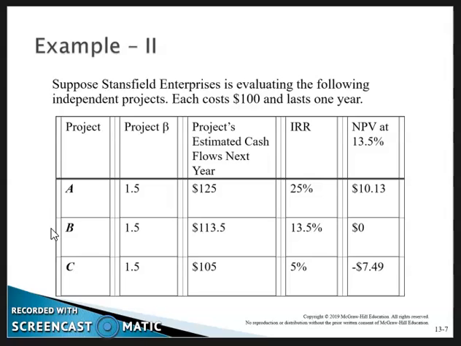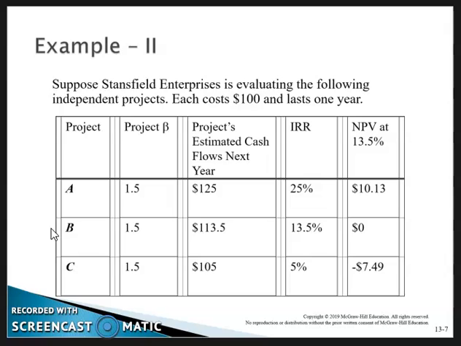That means the IRR is 25%, and the NPV is $10.13. Project B has a cash flow of 113.5. If you recall, our cost of equity capital was 13.5%. So the NPV is 0. In C, the project cash flow is $105. The IRR on that project is 5%. So we have a negative NPV.